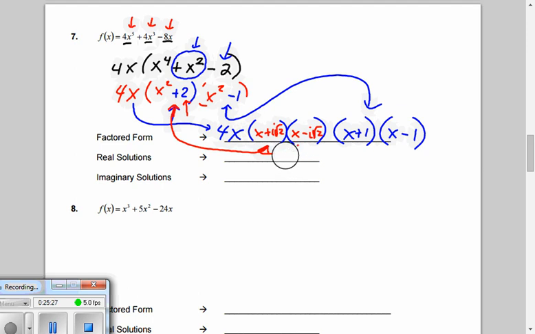Real ones don't have i's in them, right? So here's my reals, real, real, real. And that would be x equals 0, x equals -1, and x equals 1. And the imaginaries are the ones that have i's in them. This would be -i root 2, and this would be +i root 2.